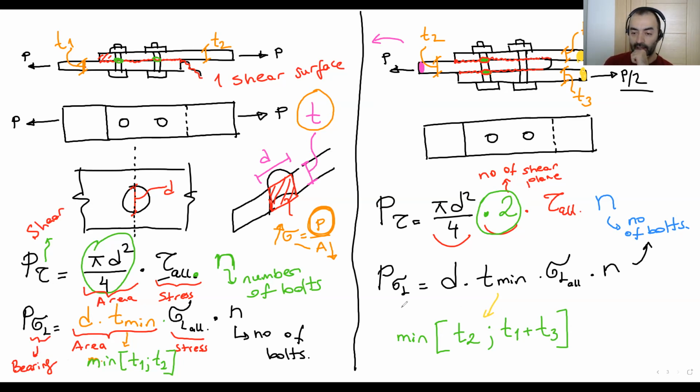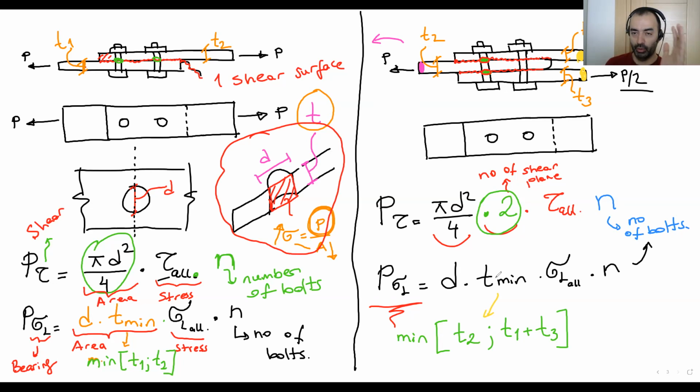Here, in this case, for the bearing capacity of the bolts, D is D. Remember, it comes from this area. The question is T. What is T? Consider the same side, the thickness of the plates which work for the same side.